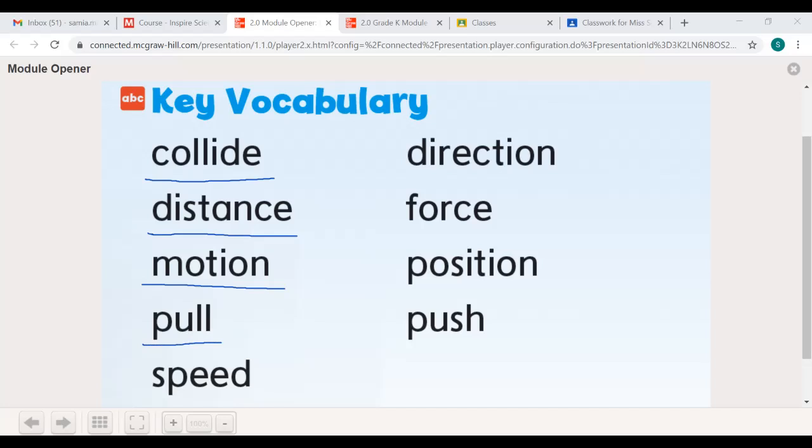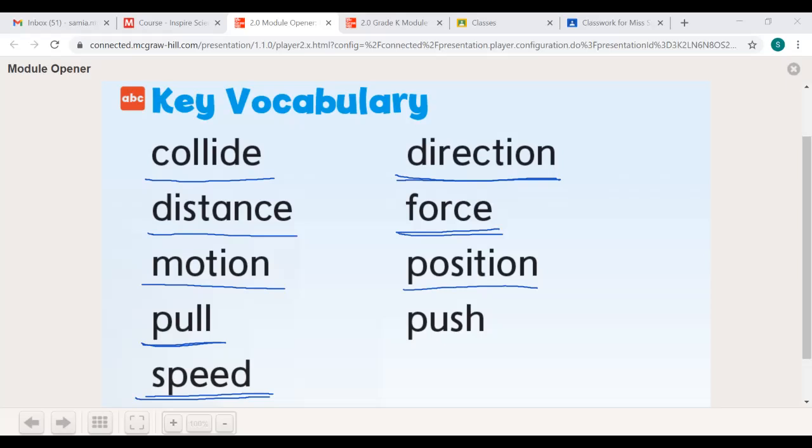Pull. Speed. Make sure you're repeating it after me. Speed. Direction. Force.